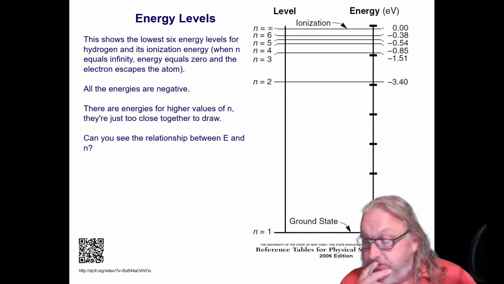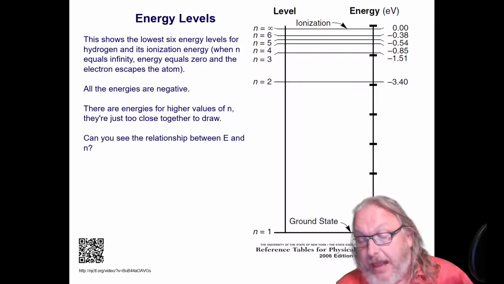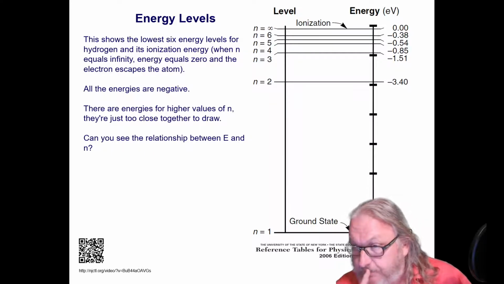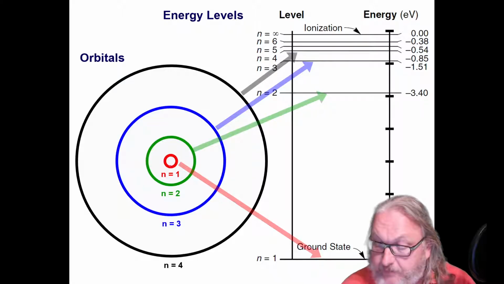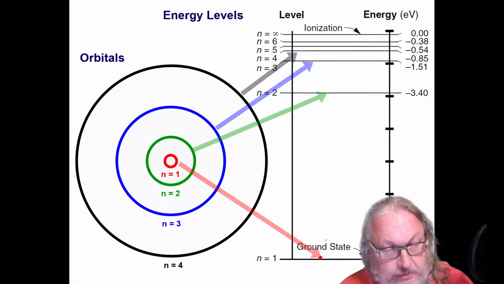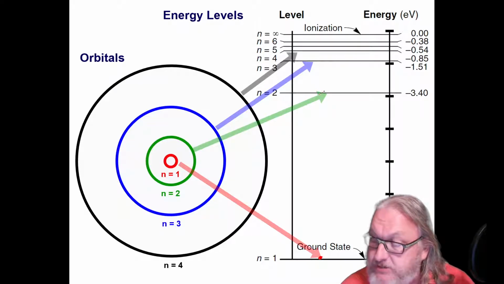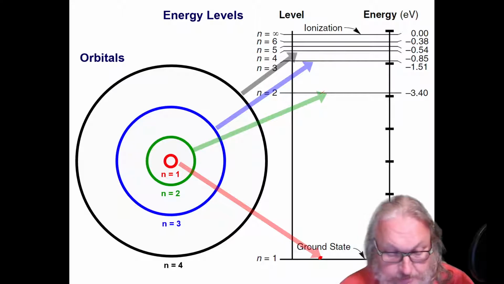So let's see the relationship between E, the electronic energy, and the energy level. If I look at my energy level at n sub 1, that means we're at the ground state, the lowest energy level. At n sub 2, we're at a little higher energy, minus 3.4.